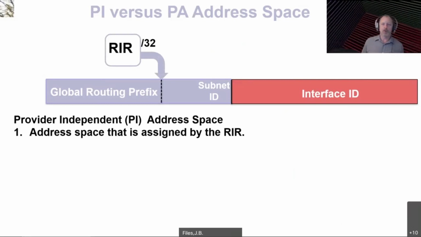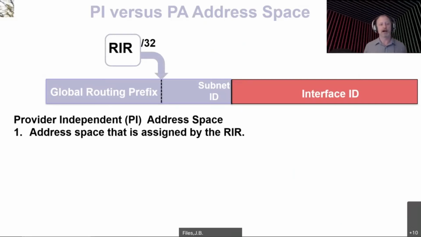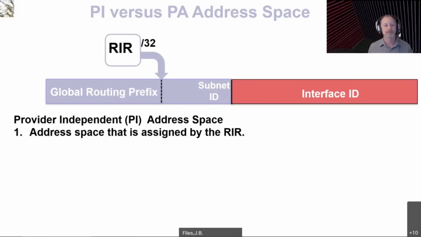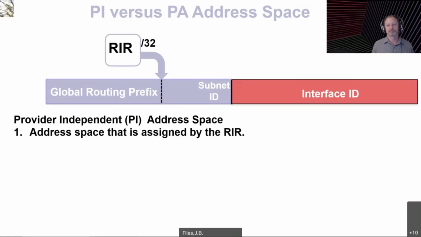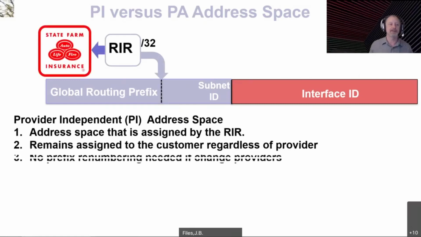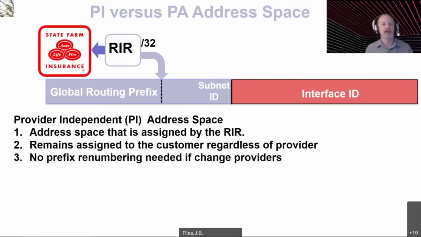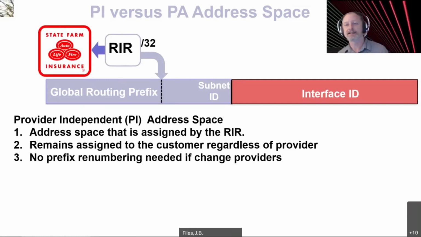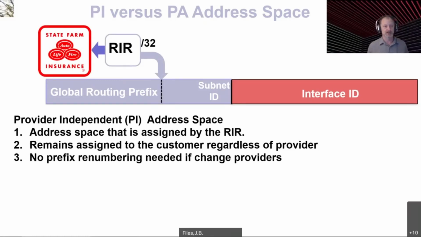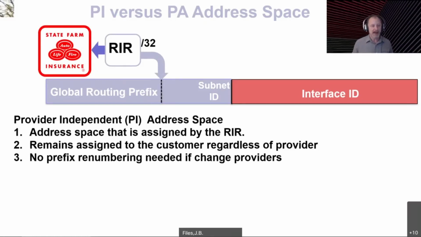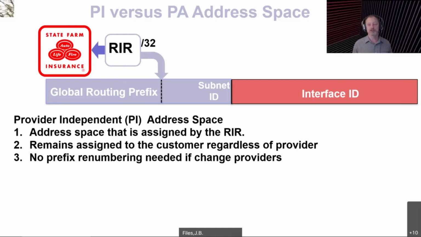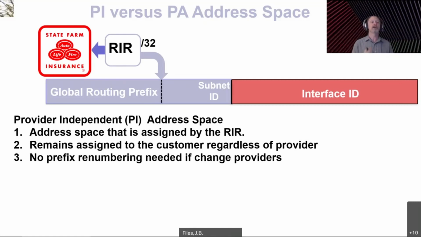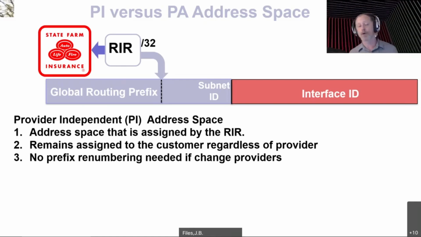Okay. So when we're talking about, I'm sorry, IPv6. This is an IPv6 example. The regional registry might give you a /32, right? And that's common if you're a service provider or if you're a very large organization.